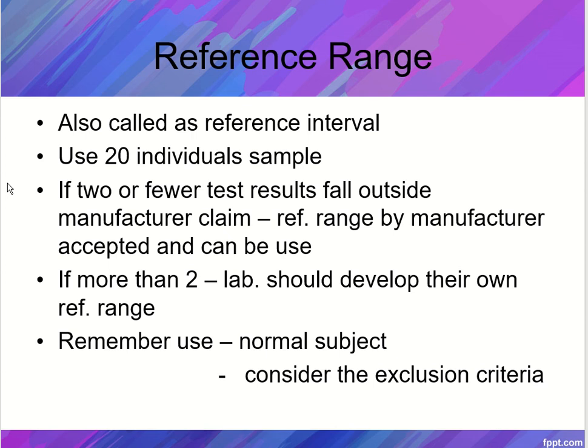So if only 2 or 1 of these individual sample results fall outside the manufacturer reference range, then the reference range set by the manufacturer can be accepted and used. But if more than two, then you need to develop your own reference range. Remember, need to use the normal subject, or else you can give the false conclusion, and you need to consider the exclusion criteria.